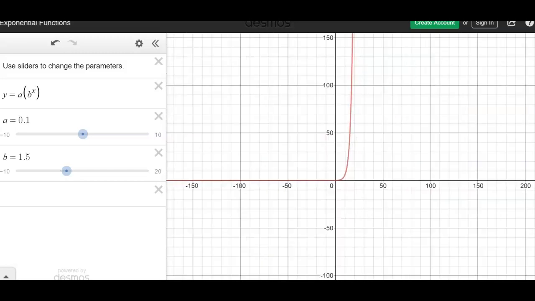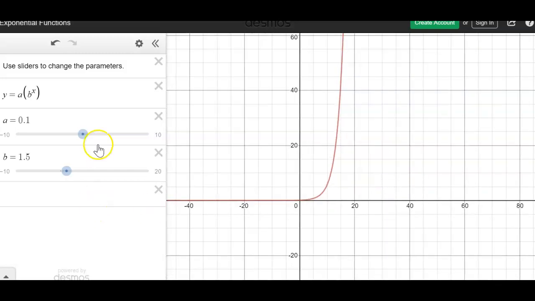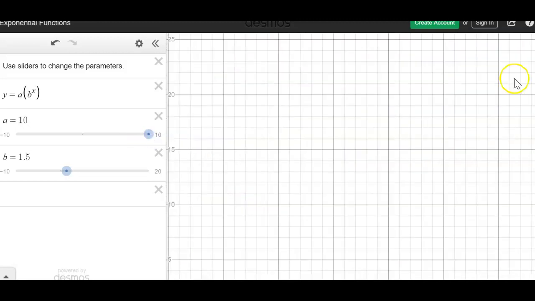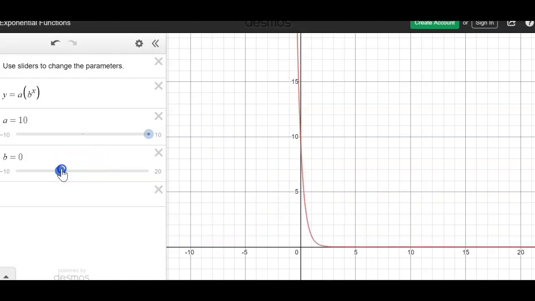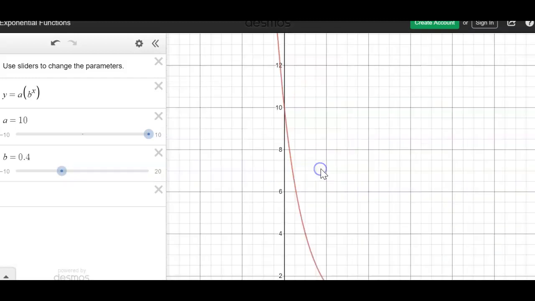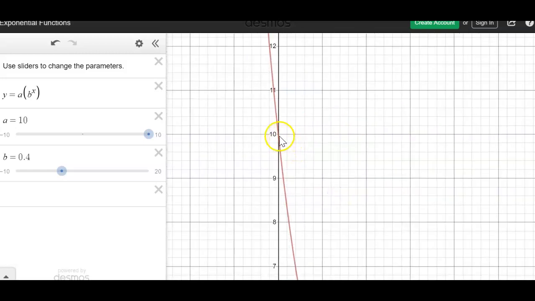See that? So let's also remember a little bit about exponential decay. Let's pick a pretty large a value. Let's pick 10. Can we get up to 10? Let's pick a equals 10, okay? Remember what exponential decay is. Exponential decay is when you have a positive a value, but a positive b value less than 1, something like 0.4, okay? So look, the value of a, that's still the y-intercept, right?